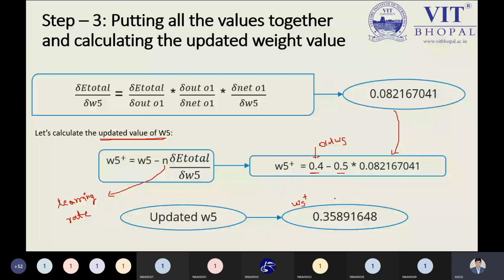The learning rate you have decided should be the same for all the weights. So now you got our updated weight W5, that is 0.35.